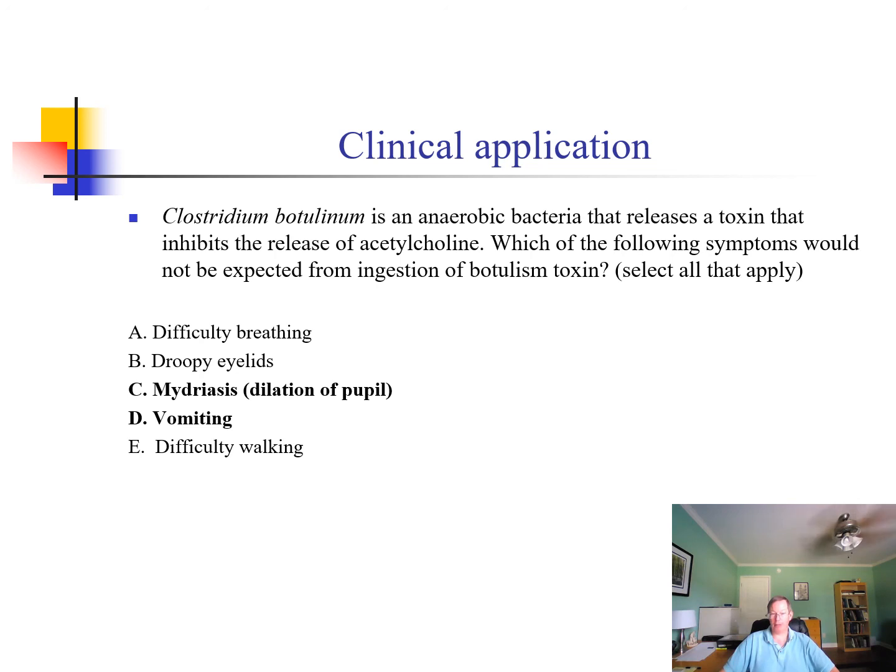So the skeletal muscles are necessary for you to breathe, for you to move your eyelids up and down, for you to walk, but they don't have anything to do with dilation or constriction of your pupil or moving things in a retrograde fashion through your gastrointestinal tract, i.e. vomiting things from your stomach. These are under the control of smooth muscle, which does not use acetylcholine, so they would not be affected by this botulinum toxin. So that's all for this small segment.